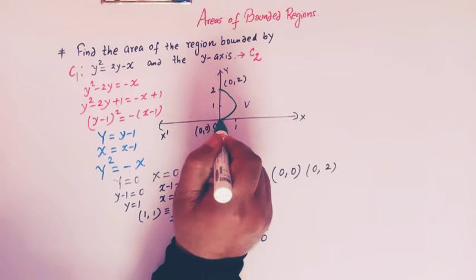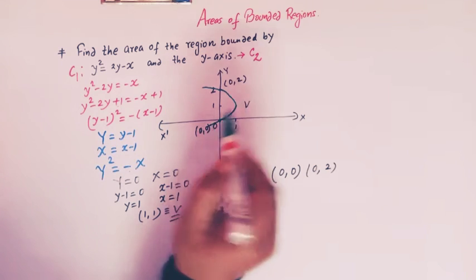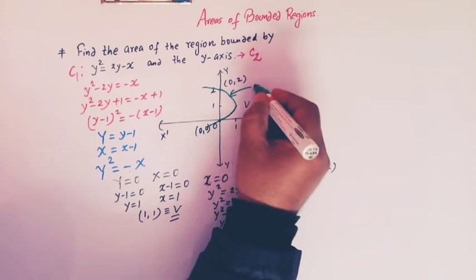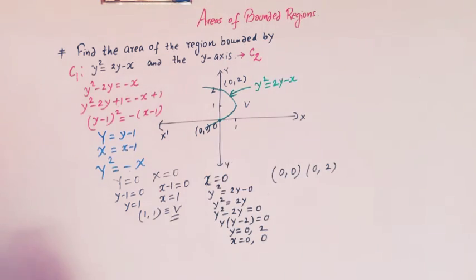So this is the rough diagram of the parabola, which is given by y square is equal to 2y minus x, right?